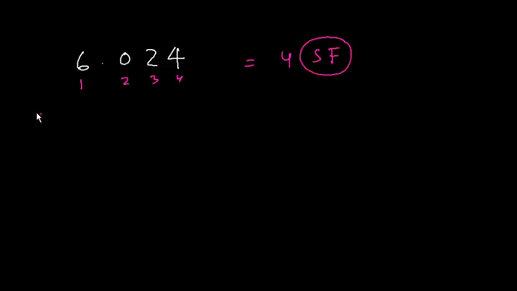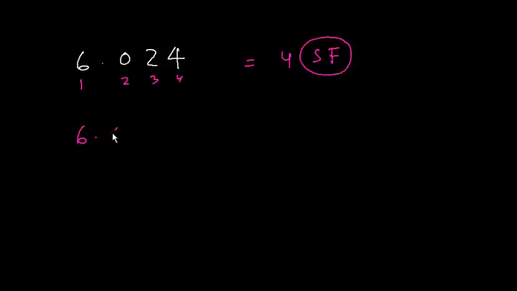Let's have another example here. Suppose there is a number 6.024. Then how many significant figures are there? Well, again I can say 1, 2, 3 and 4. There are 4 significant figures. Let me take another example.